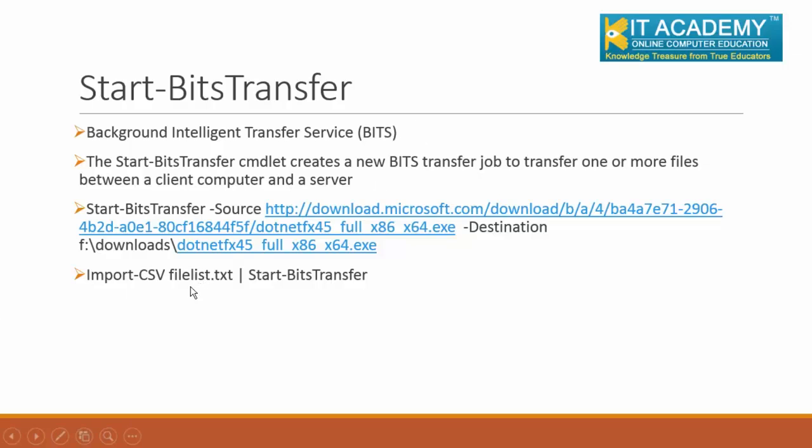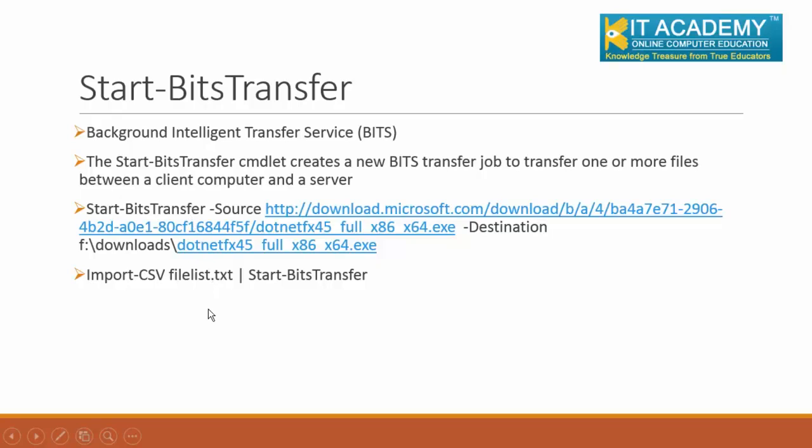Then you can use the Import-Csv cmdlet, to which you pass the name of the file, and pipe it to Start-BitsTransfer. Start-BitsTransfer will read one entry from this text file, start downloading, and then put it into the destination folder. I have already created this file by pasting all the links from my previous slides into it.